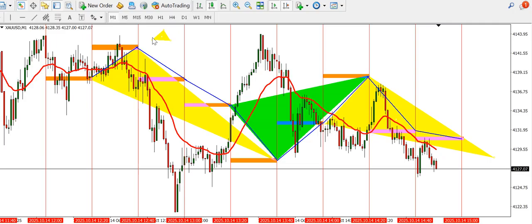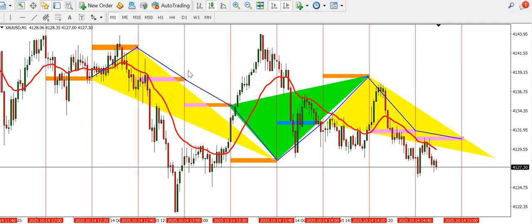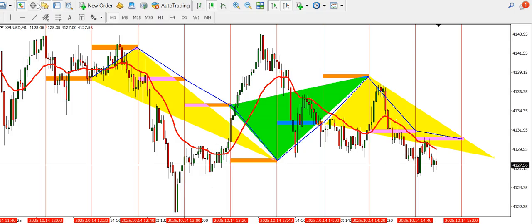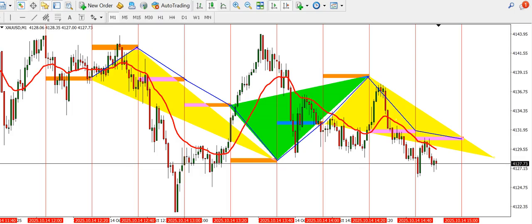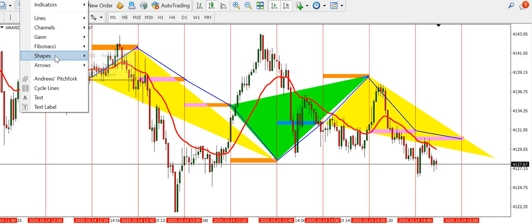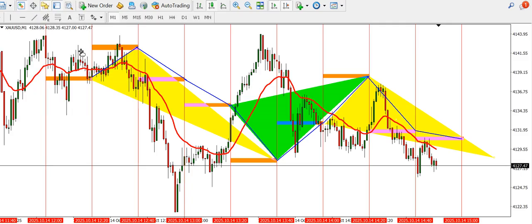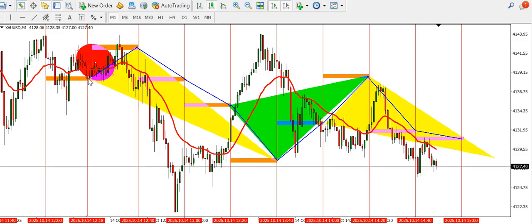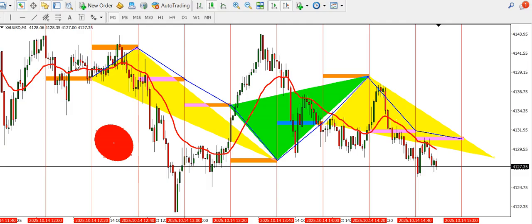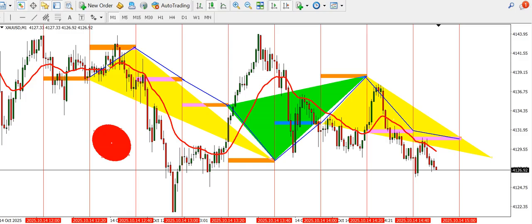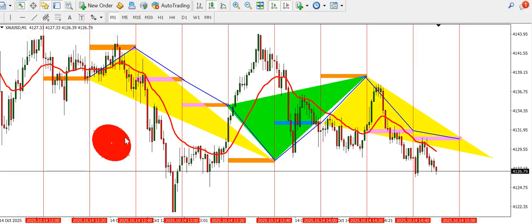So how do we use this strategy? When you have price slide through between support and resistance, this is support, this is resistance, then that's bearish.